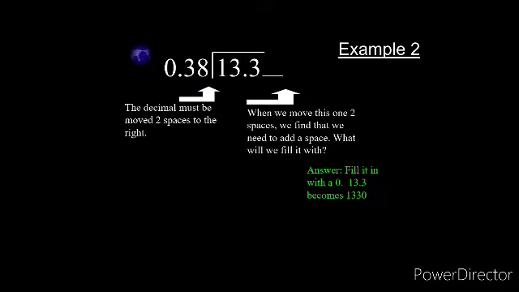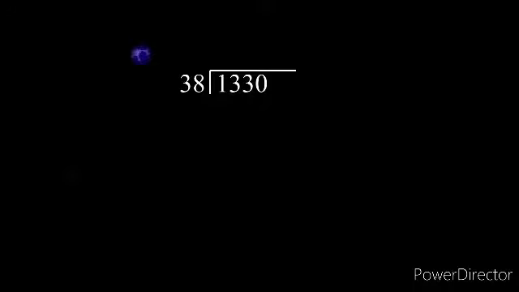So our dividend goes from 13.3 to 13.30. That's how it is, class. After we moved the divisor twice and then the dividend twice, the division problem changed into 38 as our divisor, while our dividend results to 1,330.